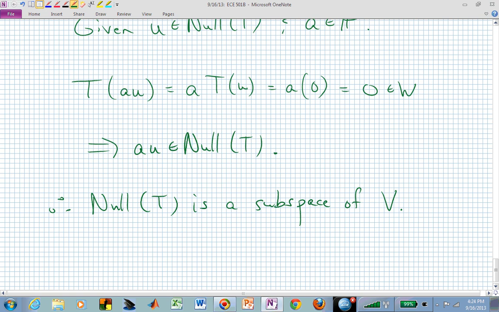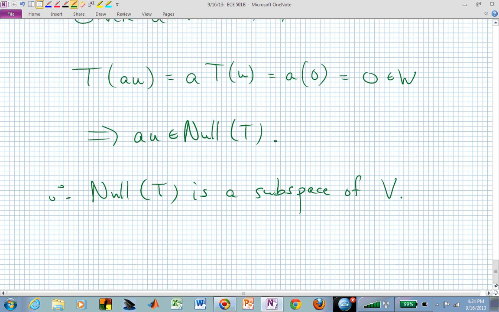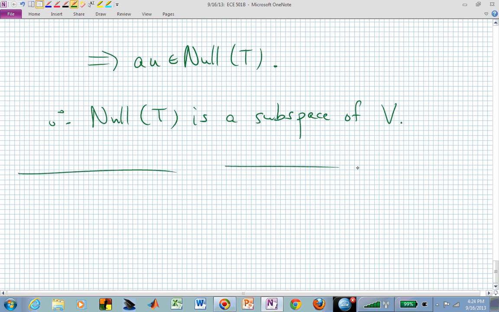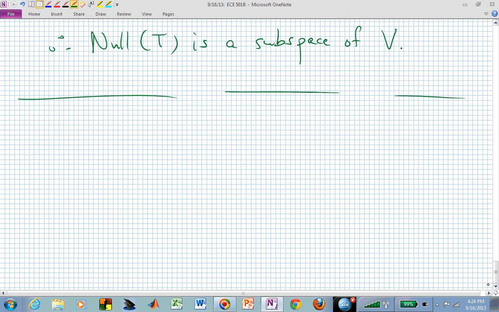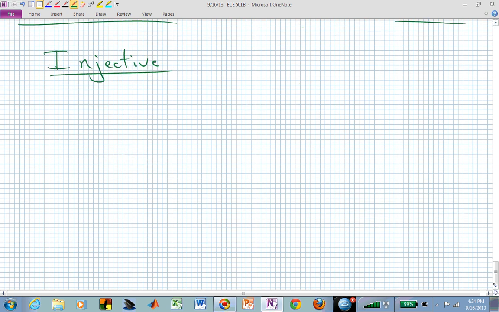Let's now talk about a notion or term that's related to the null space, this term injective. Here's our definition of what we mean by a map being injective.